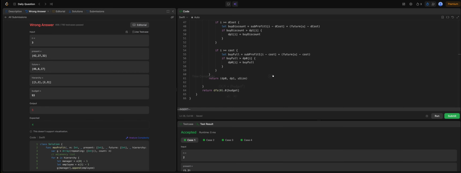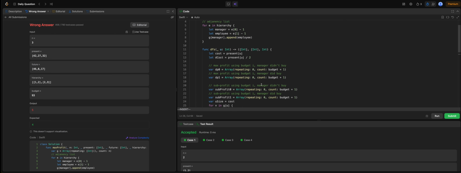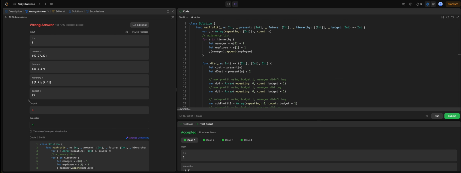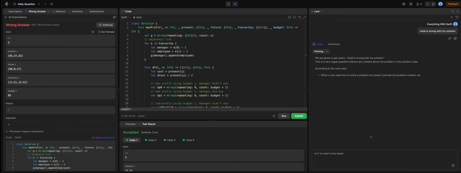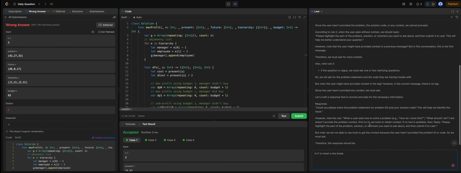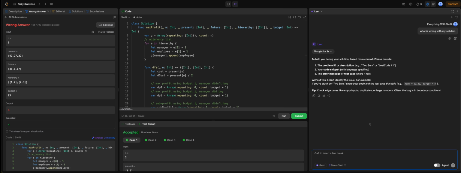Sure, the Leetcode. Okay. Not sure if the Leetcode problem AI can help me solve this. Oh my, come on. What is wrong with my solution? Let's ask. Not sure I am allowed to use agent mode or not.